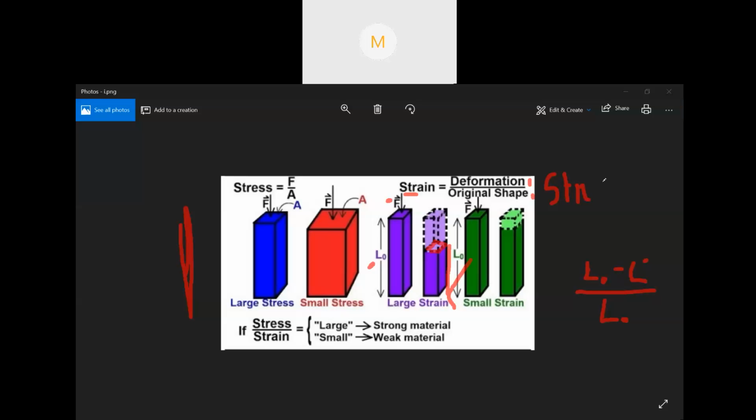This is called strain. So strain is given by this. L naught minus L is this part, right? Yes or no?